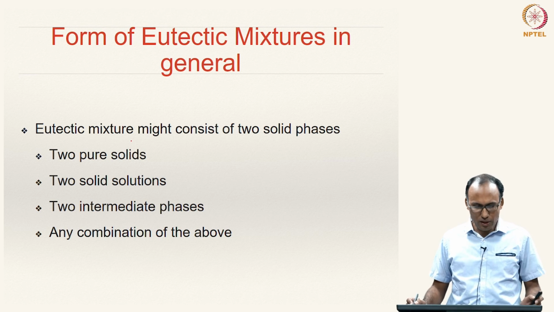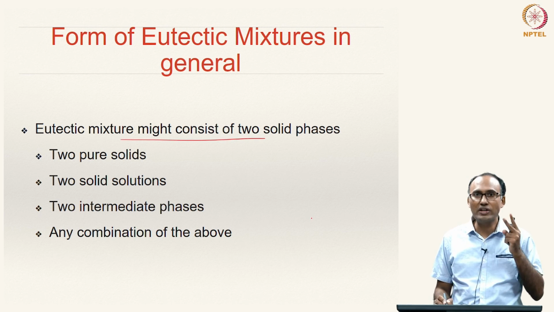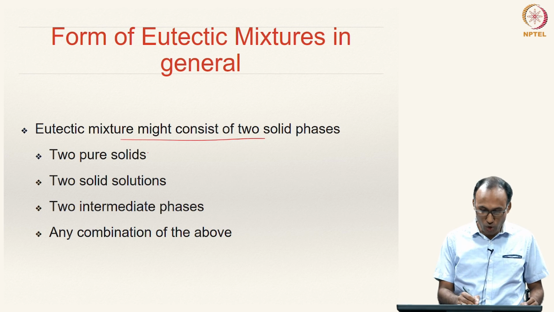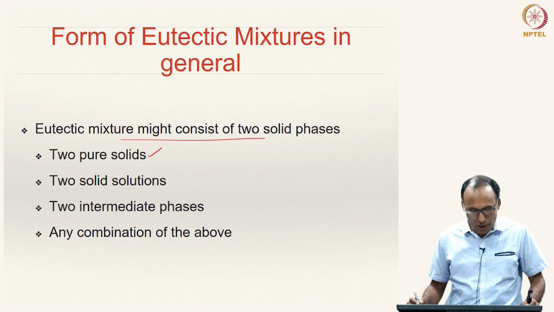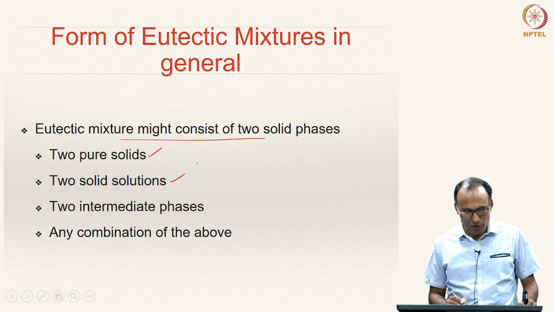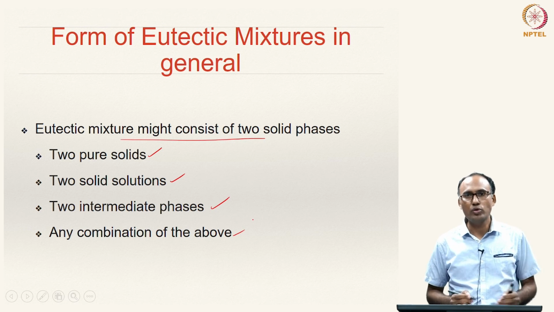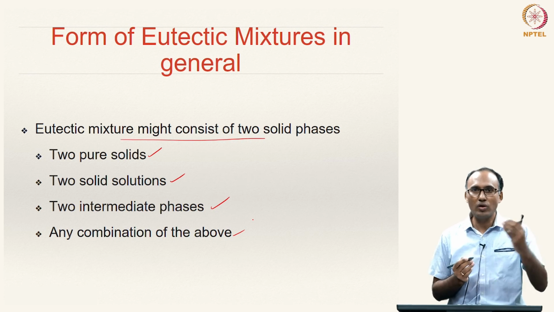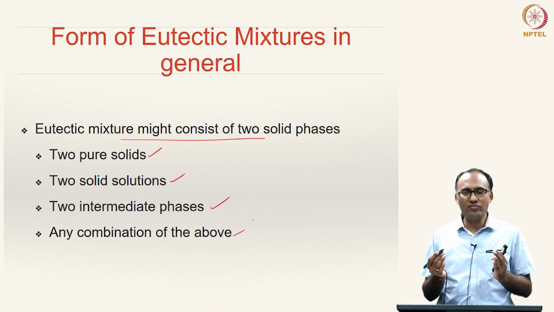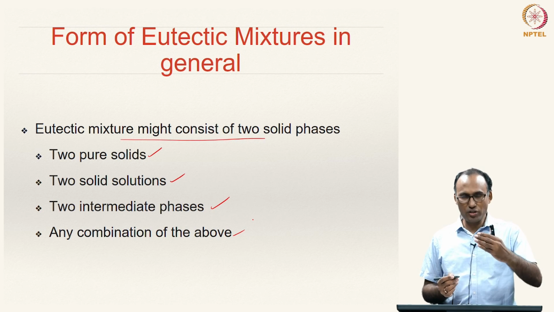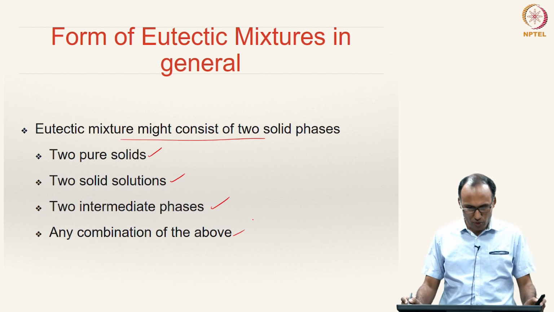So, in general, the eutectic mixture might consist of two solid phases, and those two solid phases can be two pure solids, like in the case of type 2 alloy that we have looked at, or two solid solutions, or two intermediate phases, or any combination of the above. You can have one solid solution and one intermediate phase. All that it will have to do is the liquid solution transforms to two solid phases, all right.